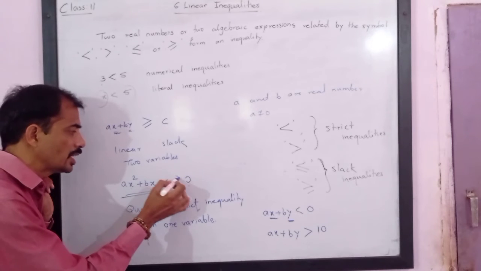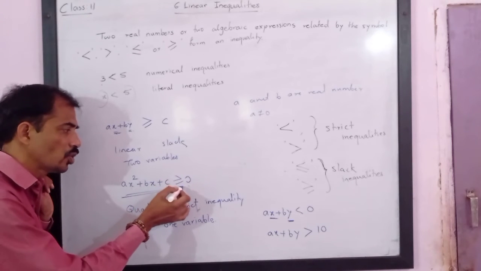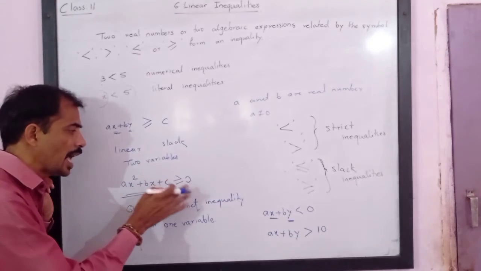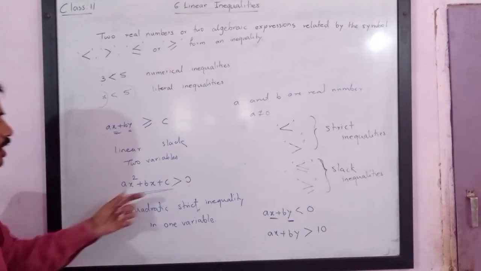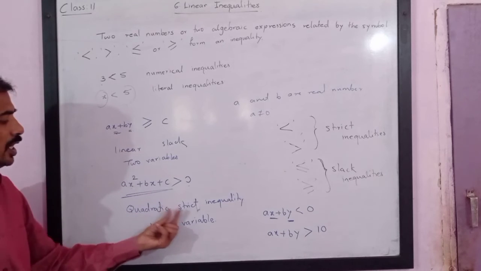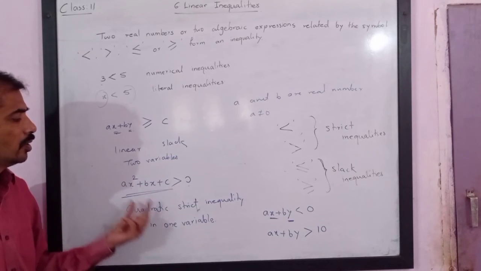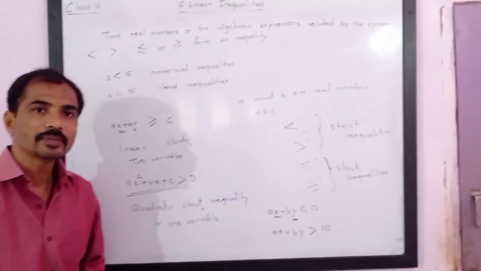Even if the symbol is greater than equal to, then also it becomes a slack quadratic inequality in one variable.